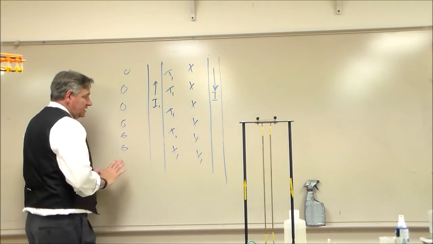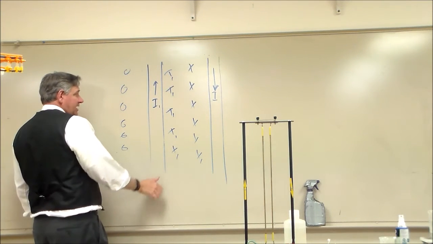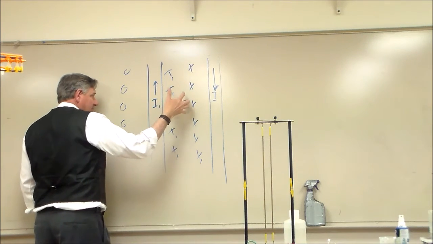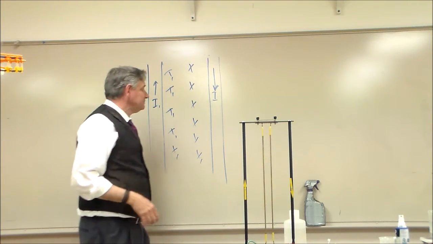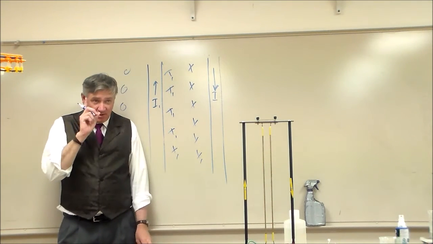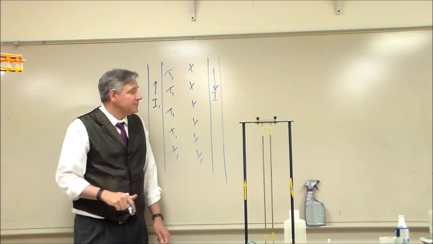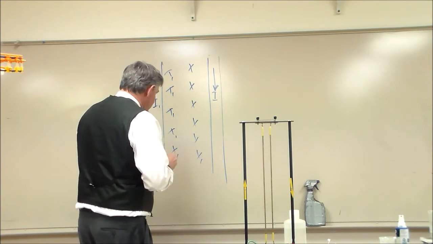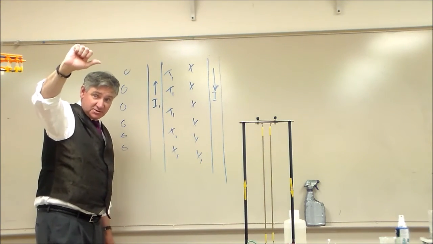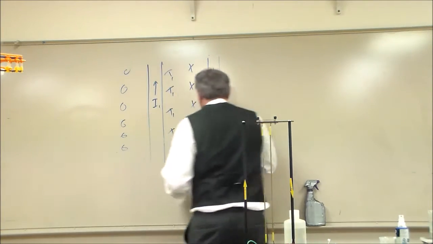So this current's going this way, so this is the first thing you've got to be able to do. Say, okay, I've got a current going this way. That's going to create a magnetic field that's going in this direction. Now, we're assuming on this that it's positively charged particles that are moving. So with this one, I'm going to take my thumb, which I'm assuming is a positive charge, and this one's going to be going down like this.